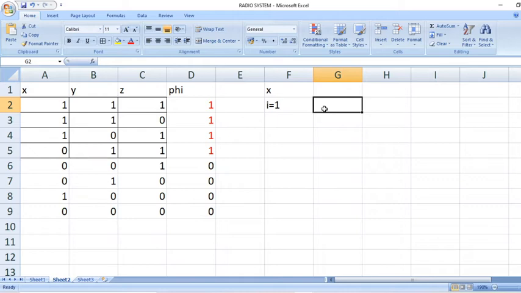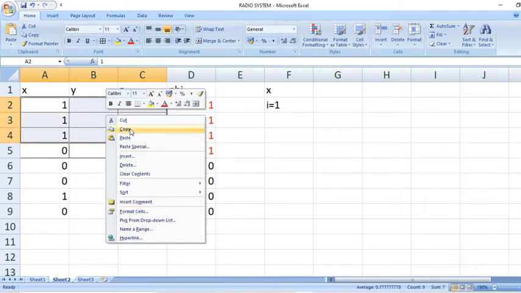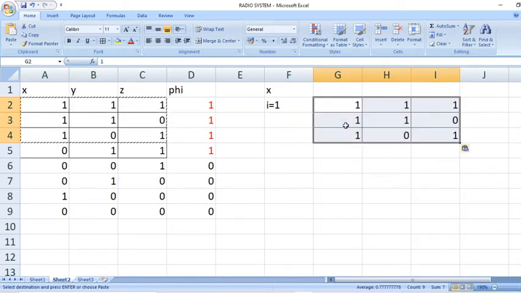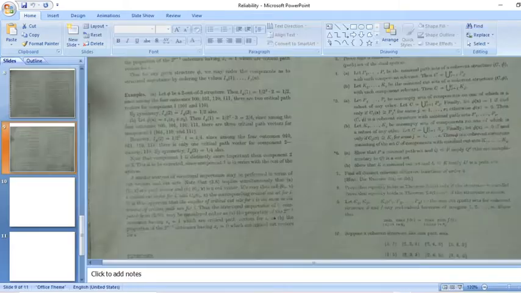With I equal to 1, the possible vectors are these 3 vectors where the system is functioning: 1 0 1, 1 1 0 and 1 1 1.